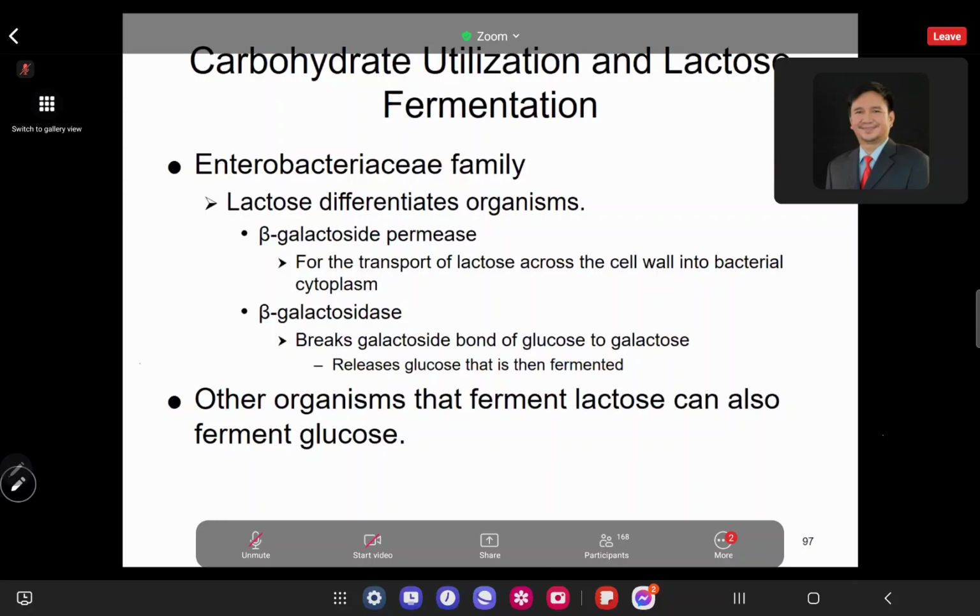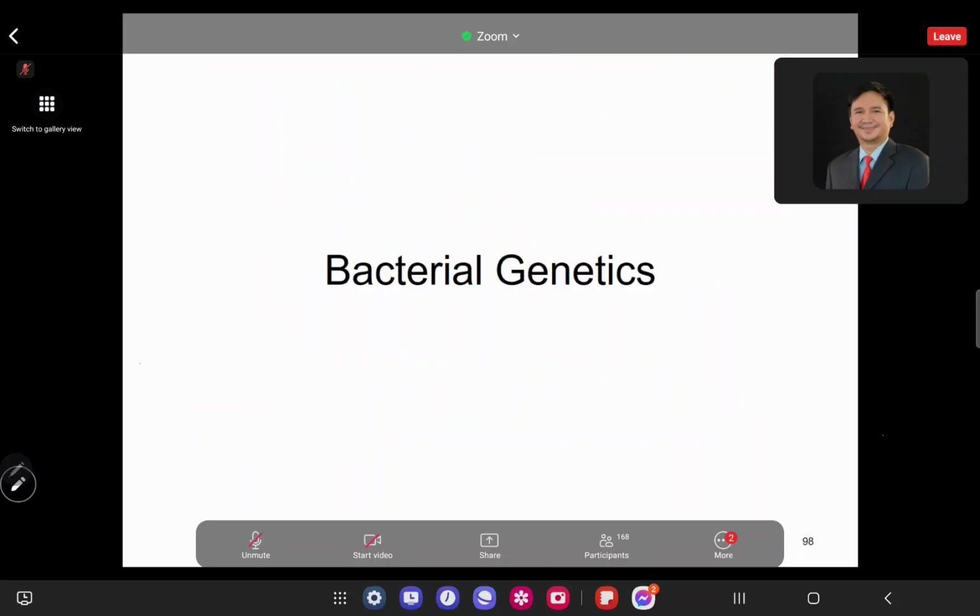Example of a non-lactose fermenter will be your Salmonella or Shigella. Bacteria capable of lactose fermentation can also ferment glucose, as glucose metabolism is a more universal pathway.